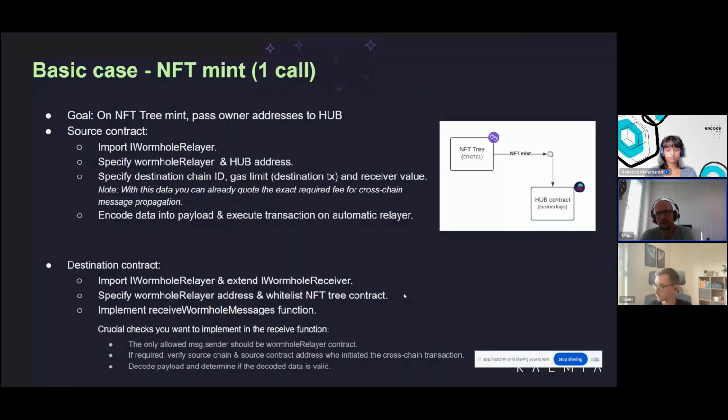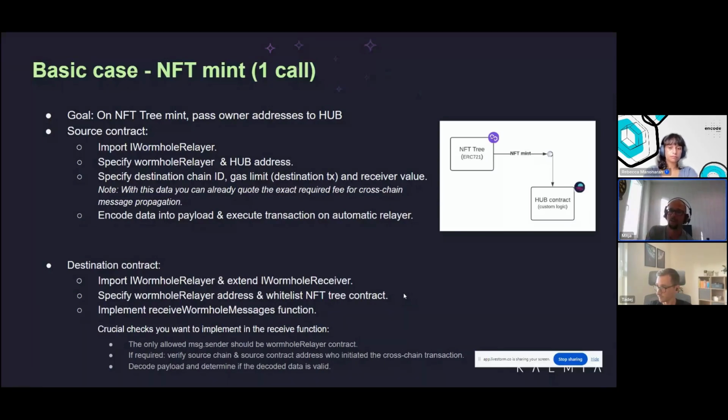Because the receive function is a public function, you want to restrict who can actually perform actions on it. What you should be checking almost every time is that the message sender in Solidity is always the wormhole relayer.